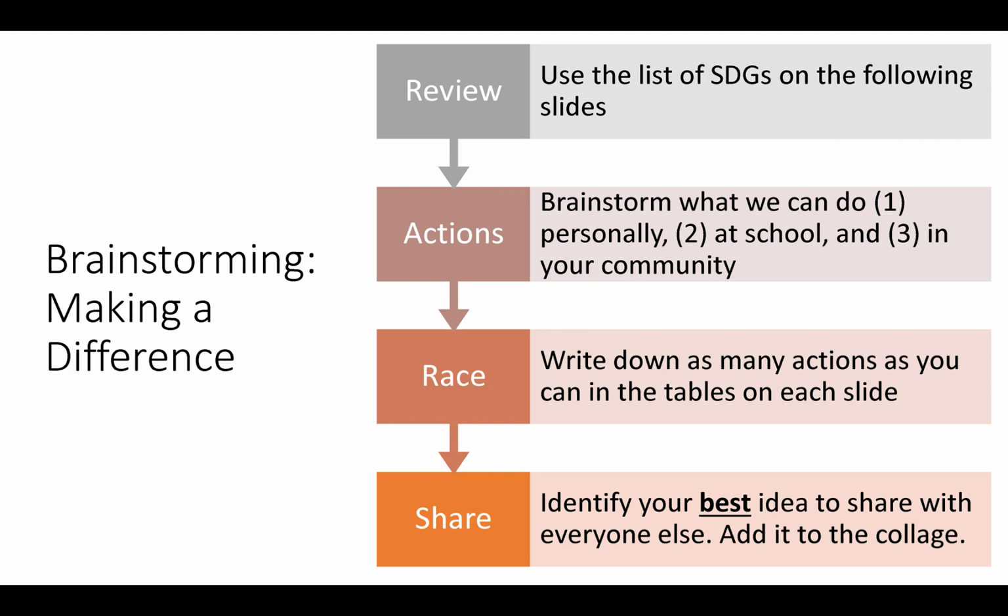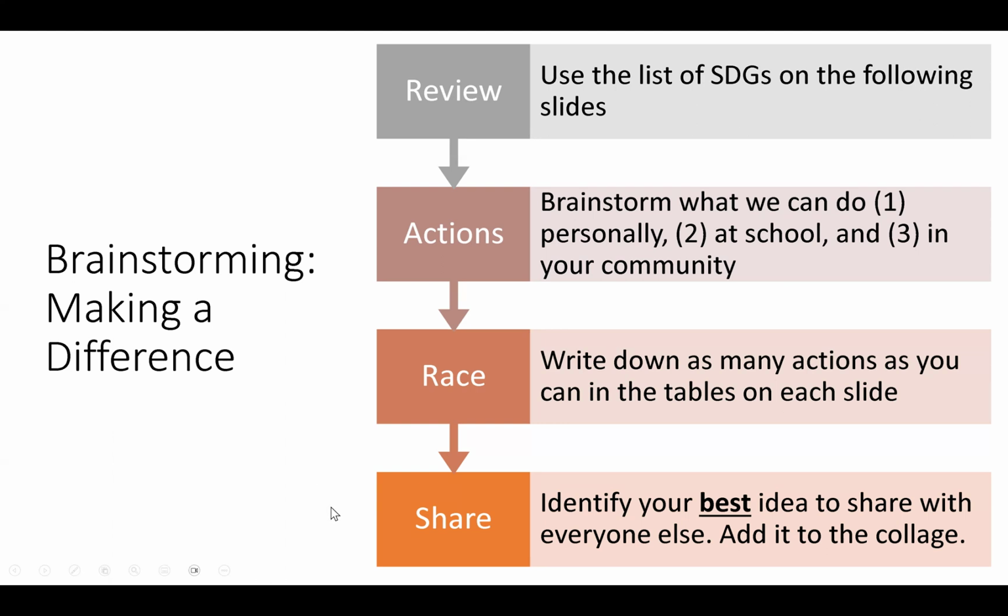And then we have them do a race. You want to give them a short amount of time, and we do give prizes. So the goal is to write down as many as you can. What do we give them? 5 or 10 minutes, no more than that. It depends on the groups, whether in teams or individual.